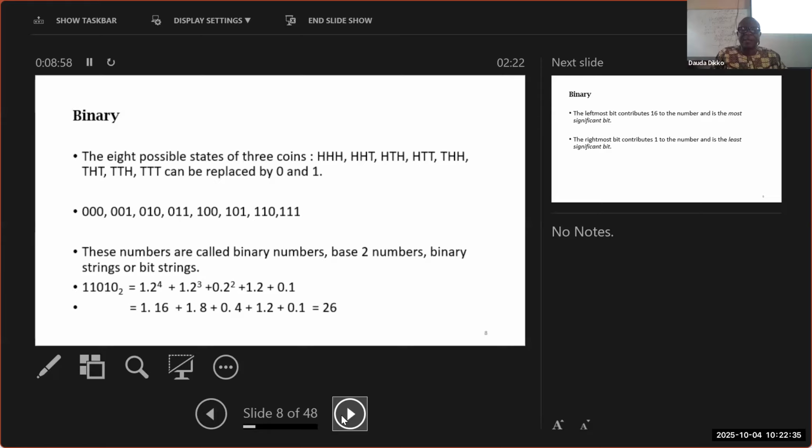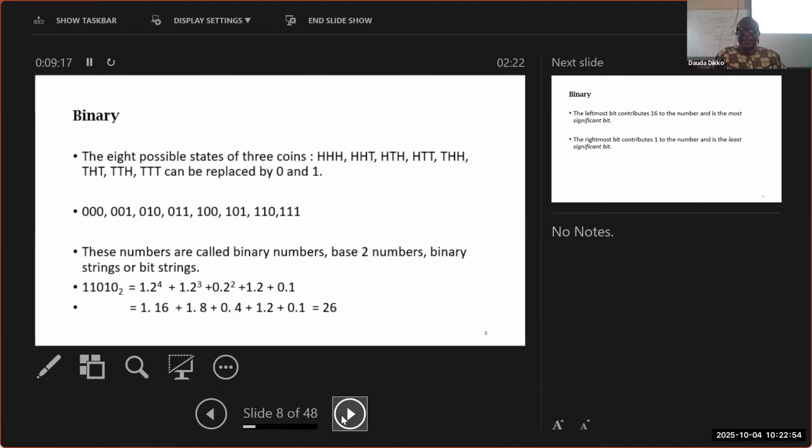So if we have the bits represented by 11010, which is binary, that is base 2, then it is also possible to encode in decimal, which is the usual base 10.